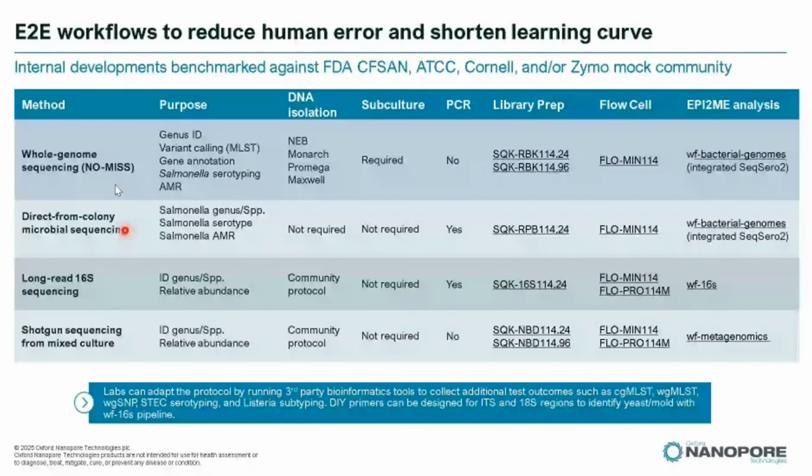This is showing some of the internal development benchmarked against FDA and other mock communities. We have here all the end-to-end workflows: whole genome sequencing for the bacterial isolate, direct colony sequencing, so there will be no additional broth culturing and DNA extraction; long-read 16S sequencing for amplicon sequencing; and shotgun, which is non-selective, non-specific sequencing of all the community in the food.